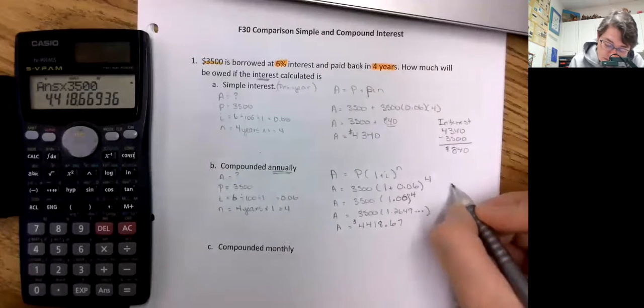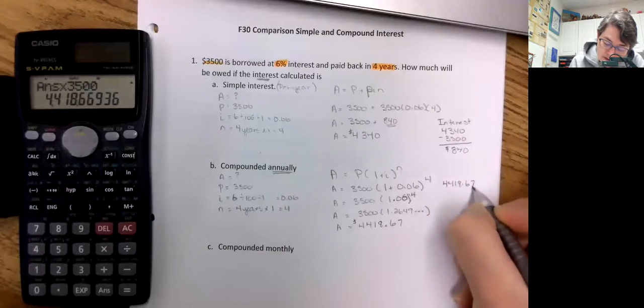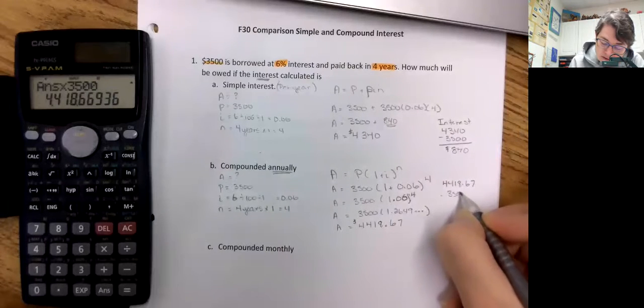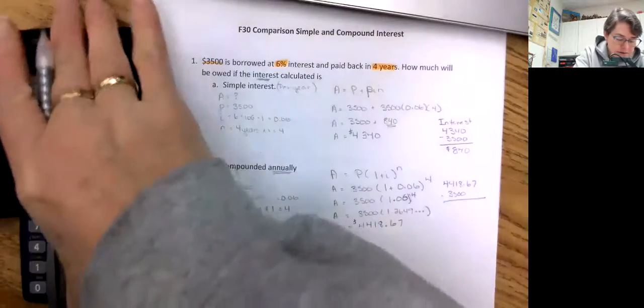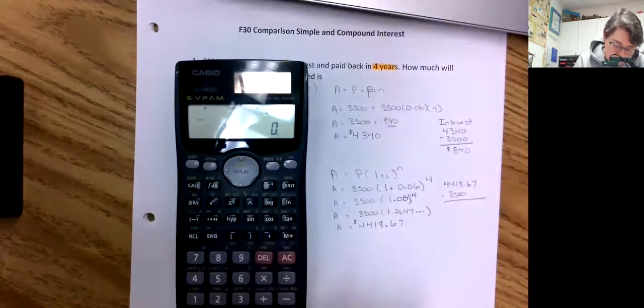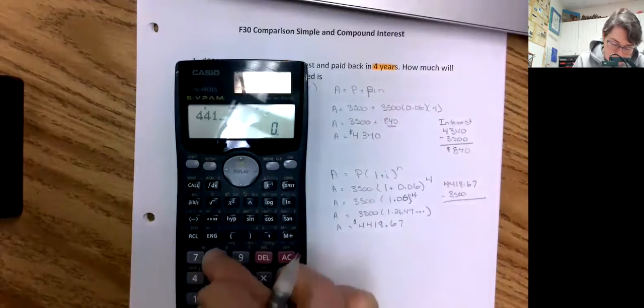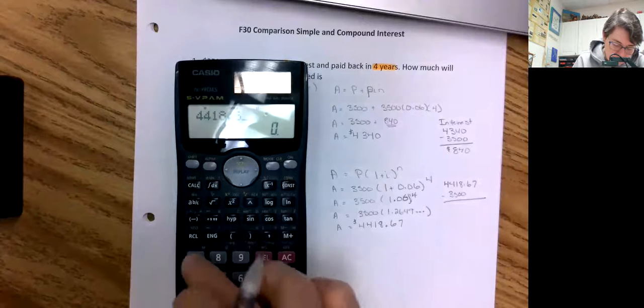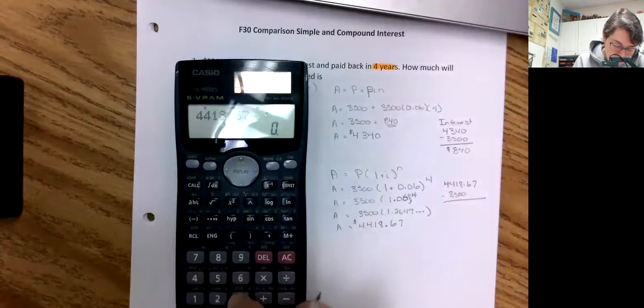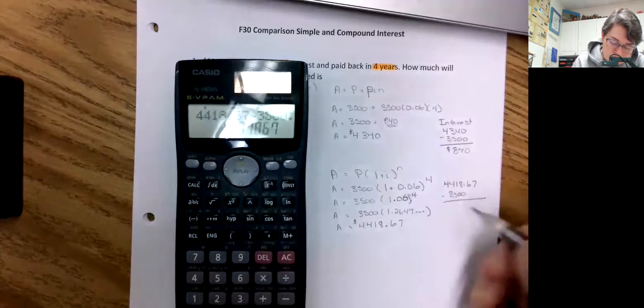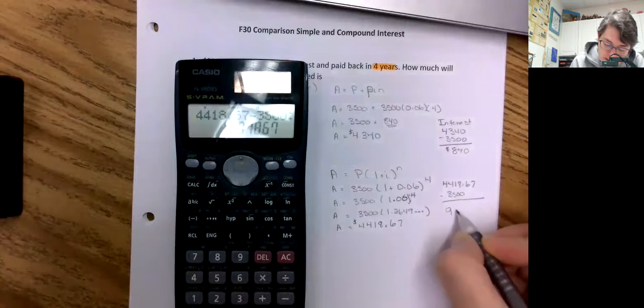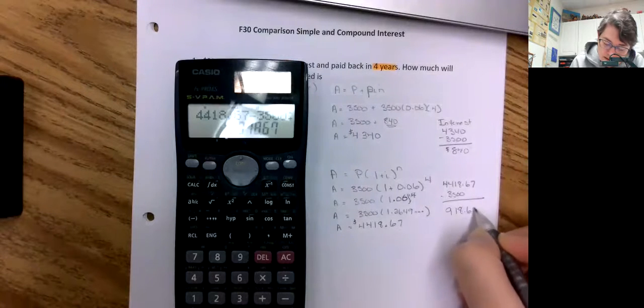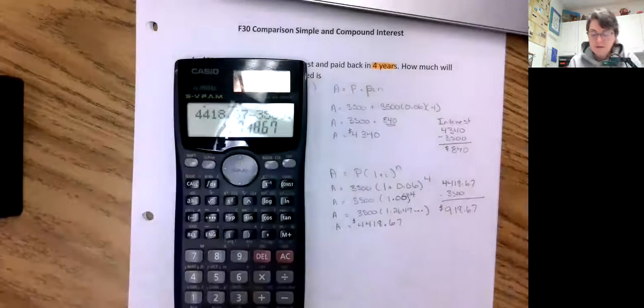On this one, we end up with 4,418.67 minus 3,500, 918.67.